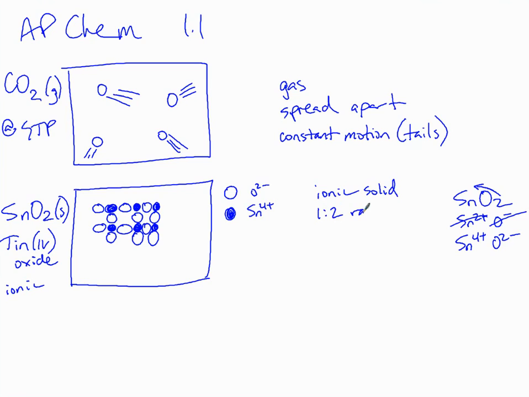It's a 1-to-2 ratio based on the subscripts. And I guess they have the word lattice in here. This could go on for as long as you wanted. If you had the time and you were very bored, you could make it fill the whole box. It's up to you. Everybody good on this page?